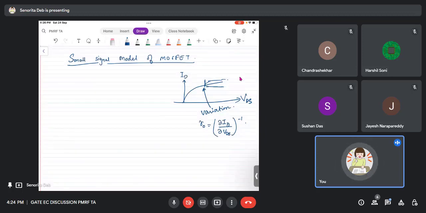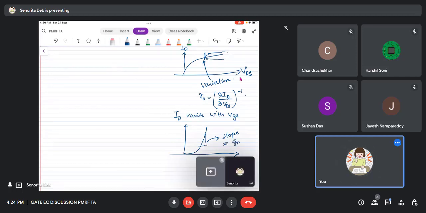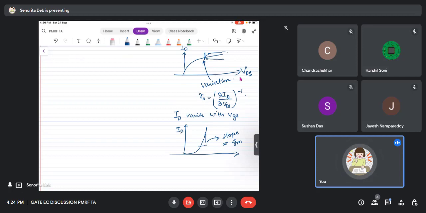Right. So there are two types of variations for ID. First is that ID varies with VGS, and we saw that graph also, which we call the input characteristic, and there is a slope here. So this slope is what gives you the gain, the transconductance, GM.